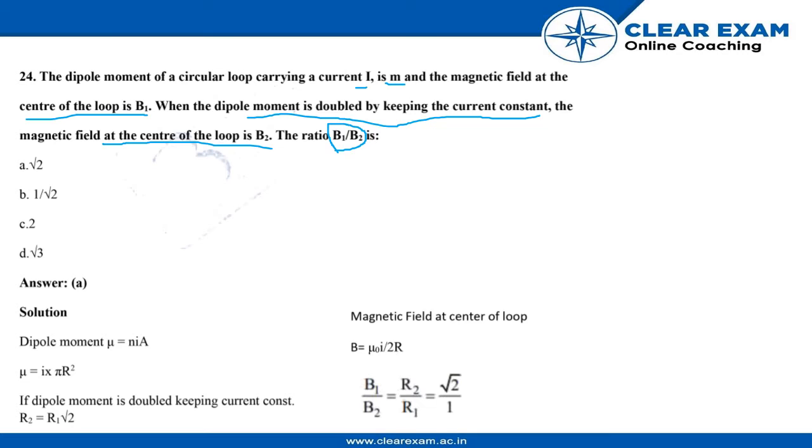So let's just start with the things that we know. We know by the fact that dipole moment mu is stated as NIA, and A of a circular loop is given by pi capital R square, and the value of n is x in this case.